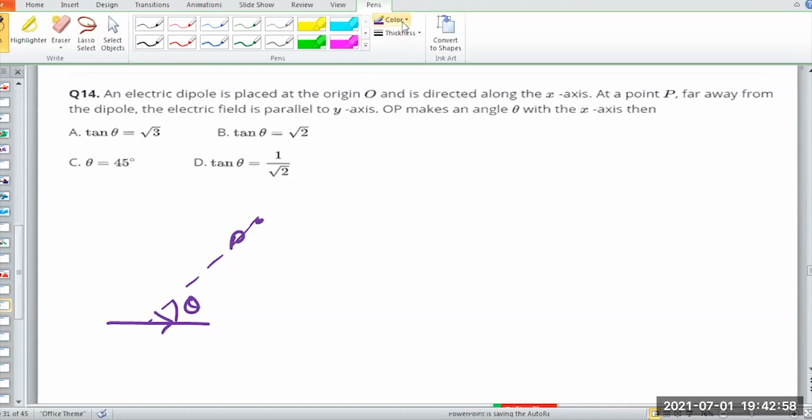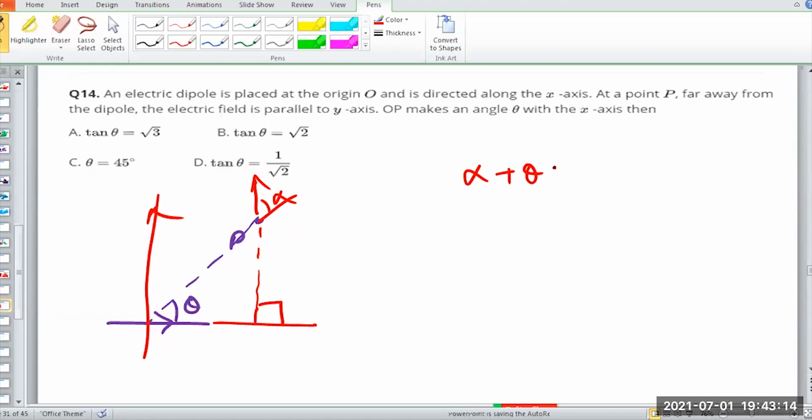But my net electric field is parallel to the y-axis, which means it is perpendicular to the x-axis. So I already know that alpha plus theta is 90 degree and tan alpha is always half of tan theta. So on solving, I'll get tan theta is equal to root 2. Next.